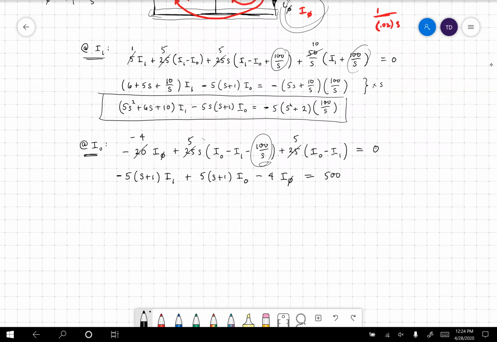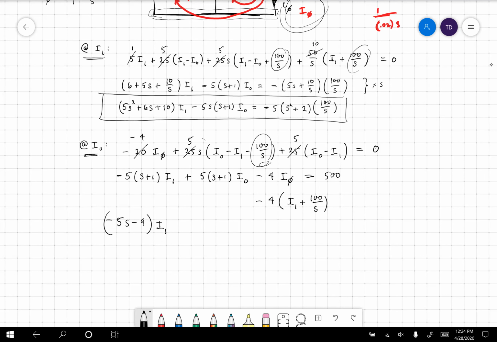So this is minus 4 times I1 plus 100 over S. That's that term. So let's group this again. We're going to end up with another minus 4I1. So right now I have negative 5S minus 5 minus another 4, minus 5S minus 9.